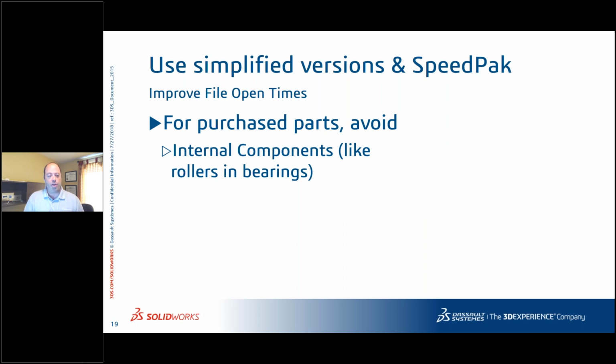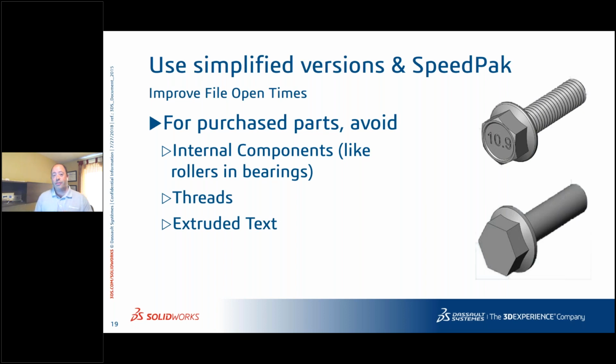for simplification. For example, with a roller bearing, you don't need to see the rollers and the bearing balls inside of the bearing itself. Just the general shape of the bearing will suffice. Too often still today, I see customers having bolts, nuts, and washers with the helical threads, even markings on parts.